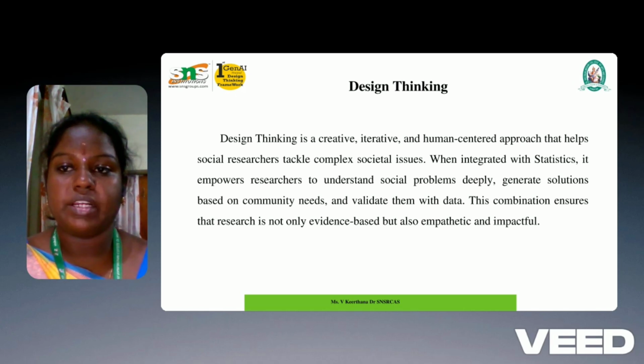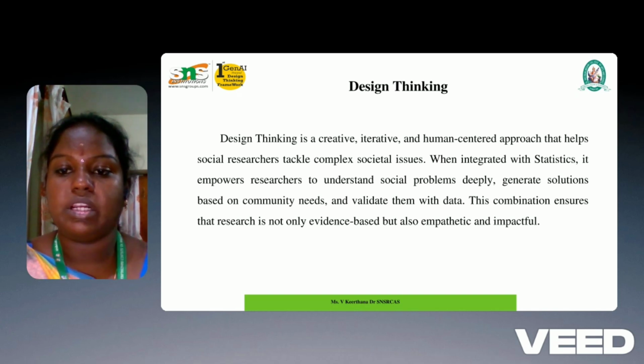So in design thinking already we know that we have five stages. First one is empathize, define, ideate, prototype, and test. So it provides a clear pathway for applying statistical tools to real world social problems.